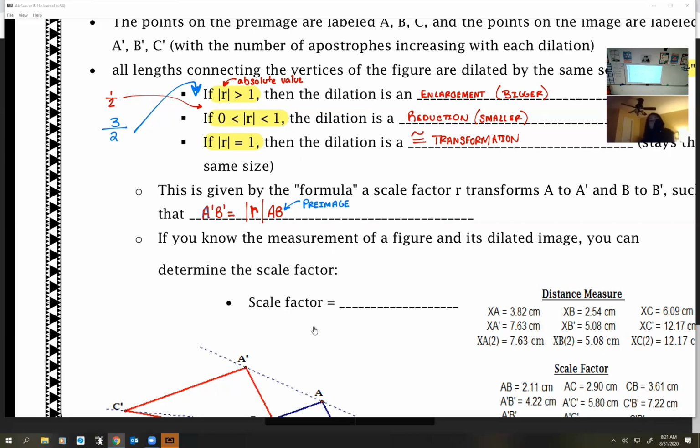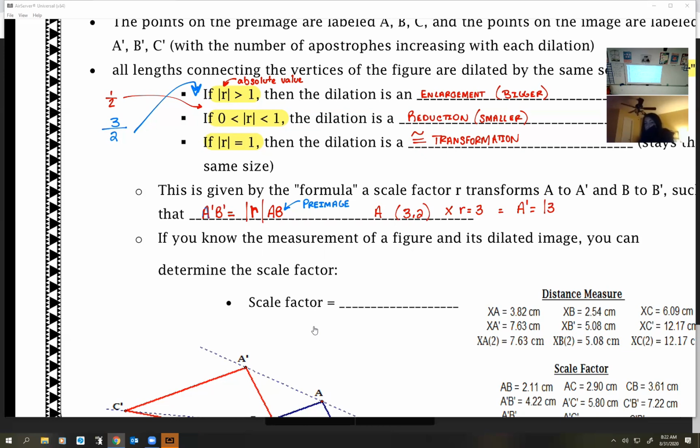So for example, if I said A was 3, 2, and we want to multiply it by a scale factor of 3. We're going to take that 3 and multiply it into both elements. So it looks like A prime equals the absolute value of 3.